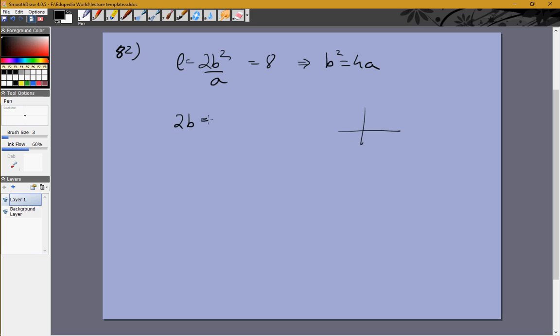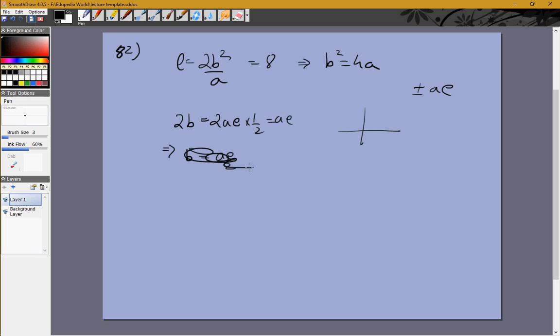This is equal to half the distance between the foci, and the two foci are located at plus minus AE. So the distance between them is 2AE, and half of that is AE, which means B is equal to AE by 2.